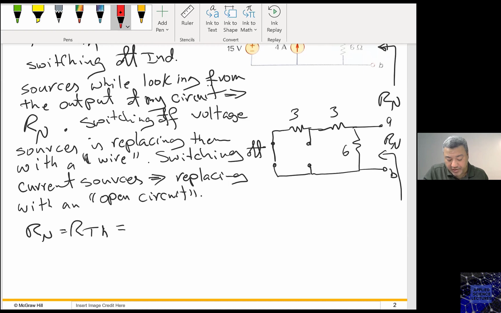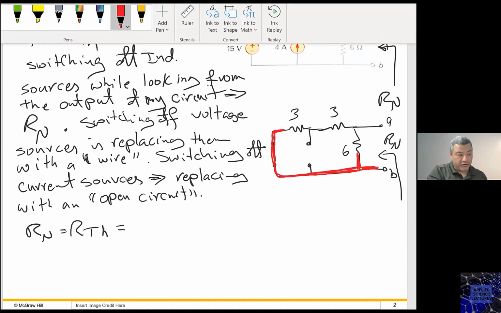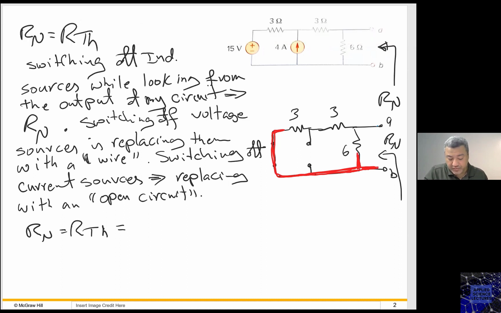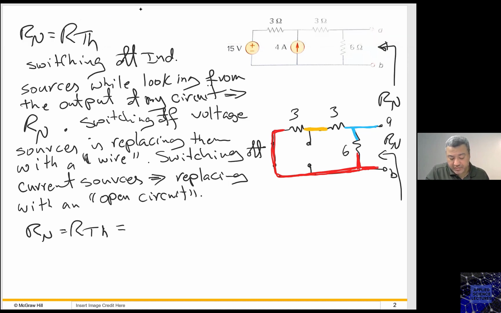Let me put the color here just for those who still did not understand. How did you come up with this? So this is one electrical node in red, and the second electrical node I will put in blue, and the orange is in here.